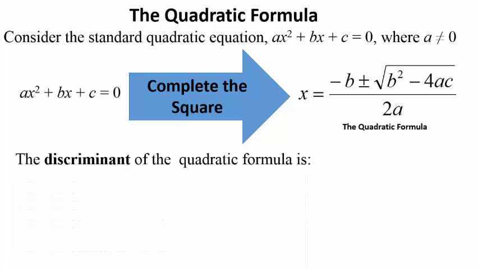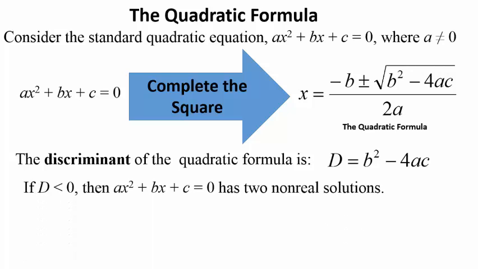The discriminant of the quadratic formula is the radicand of the radical. We use the capital D to refer to the discriminant. It equals b squared minus 4ac. If the discriminant D is negative, that means it's less than 0, then ax squared plus bx plus c equals 0 has two non-real solutions.